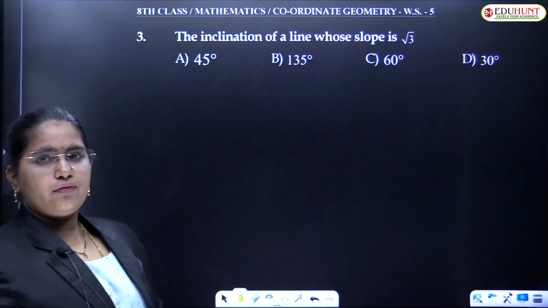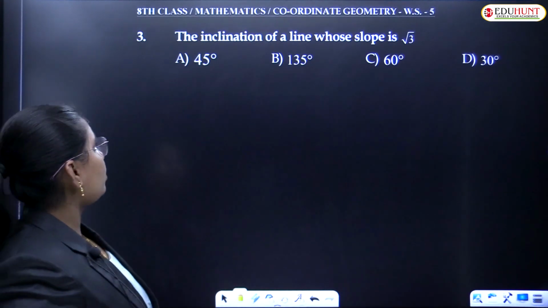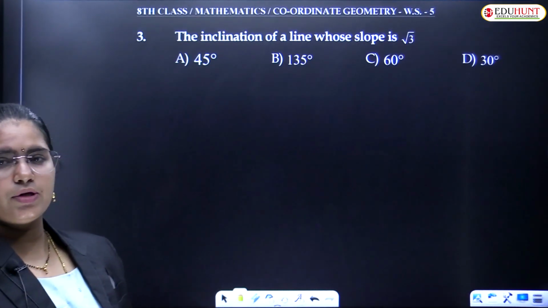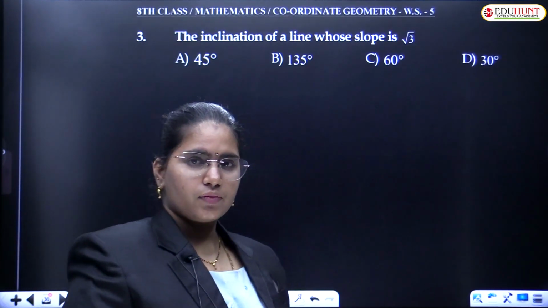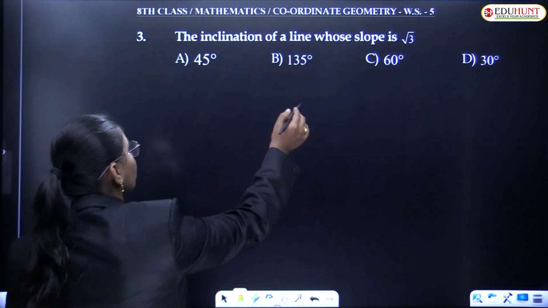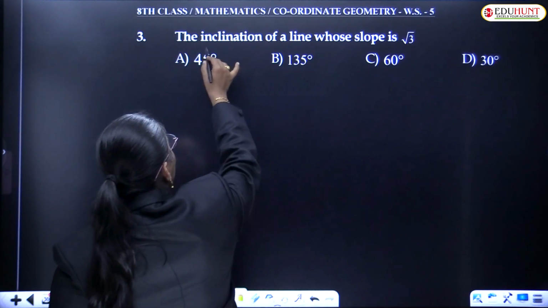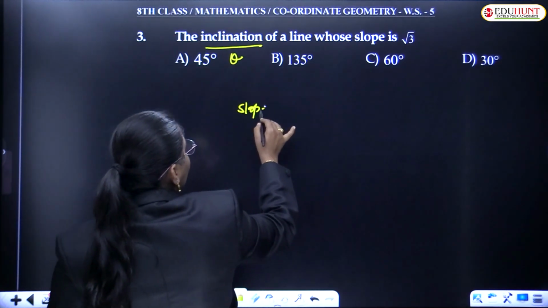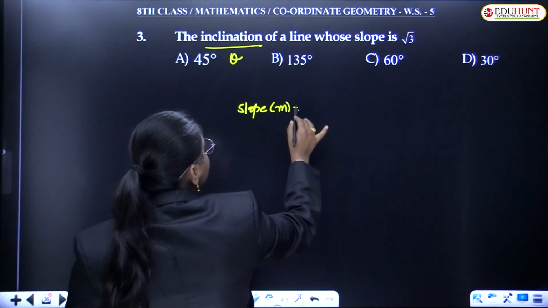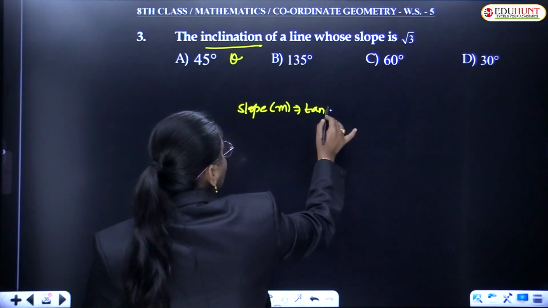The inclination of a line whose slope is root 3. As usual, they are asking for inclination, which is theta. They gave the slope. Slope is again m, which is defined as tan theta.